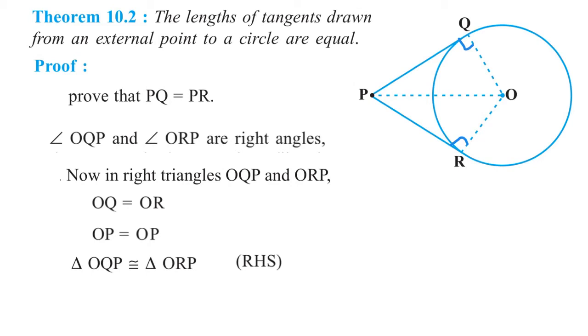So, if the two triangles are congruent, then PQ will be equal to PR according to CPCT. Thus we have proved that the two tangents from a point P outside of the circle will be equal. The lengths of the two tangents will be equal. So, this is a very important theorem which we will be using when we solve problems.